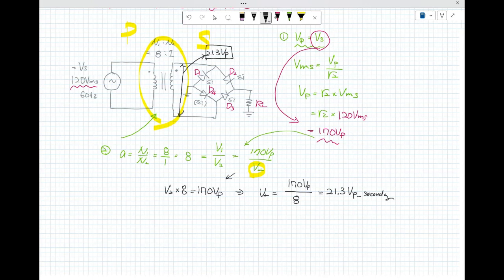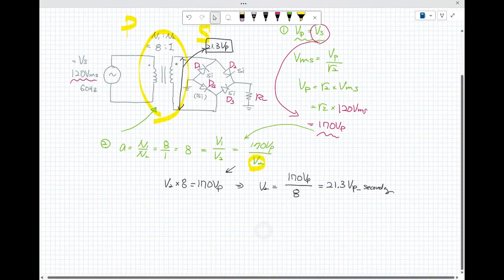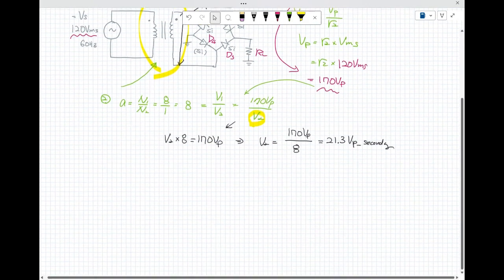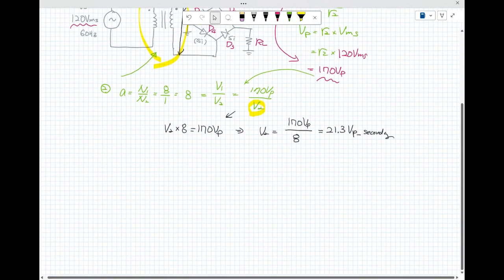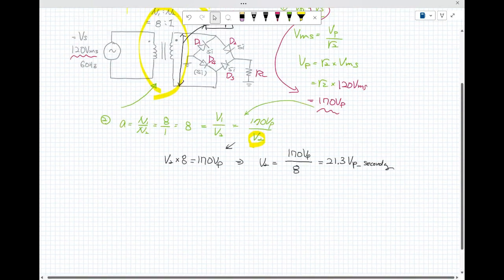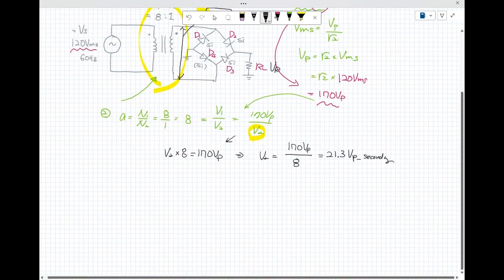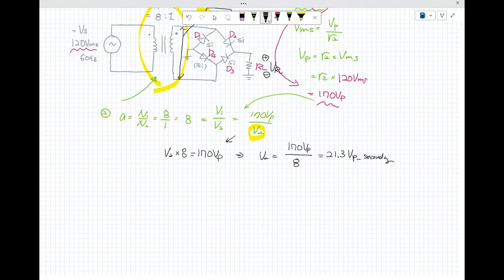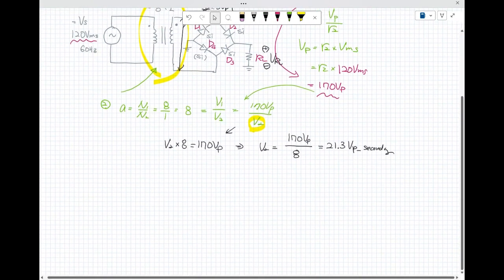All right. So now, step 3, we have to know what V sub RL is. What is the voltage drop here?